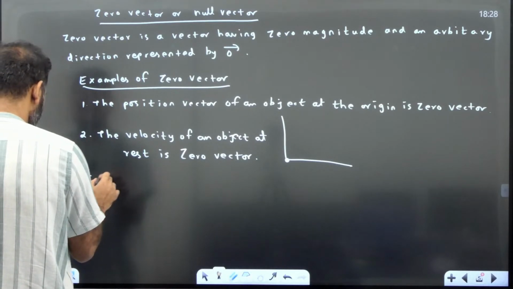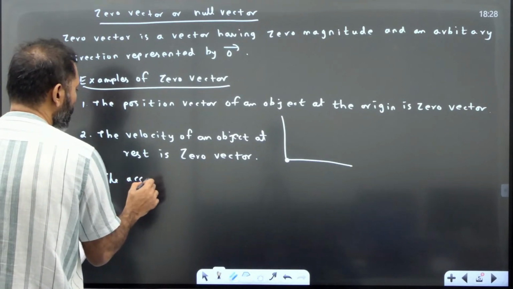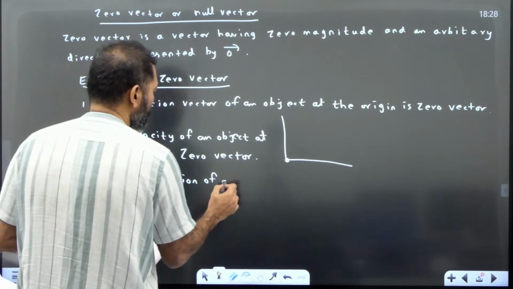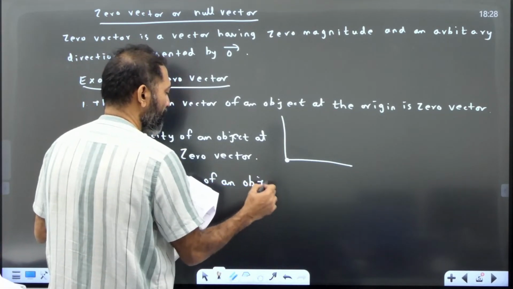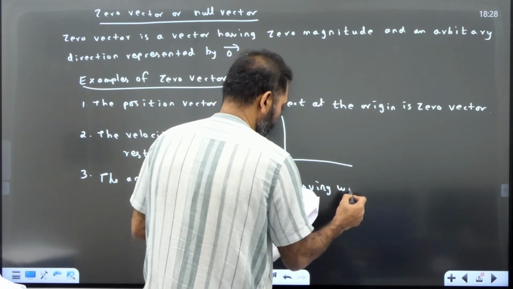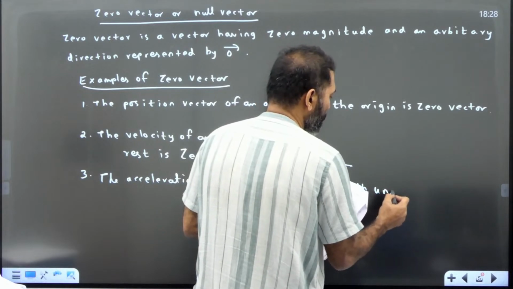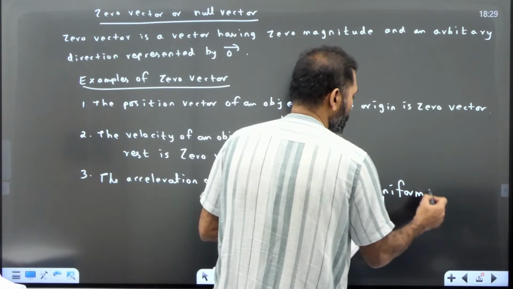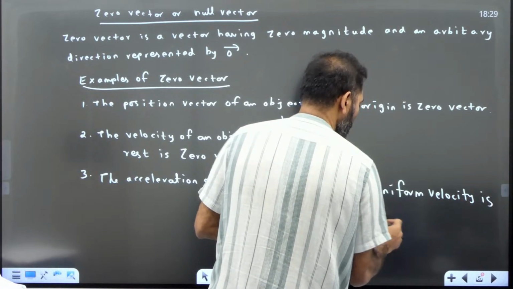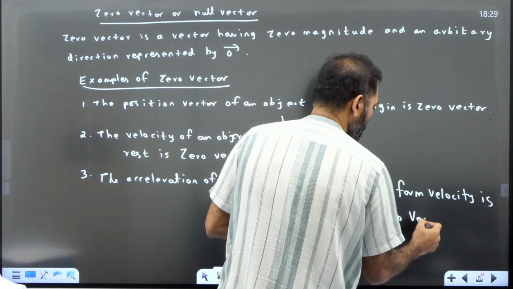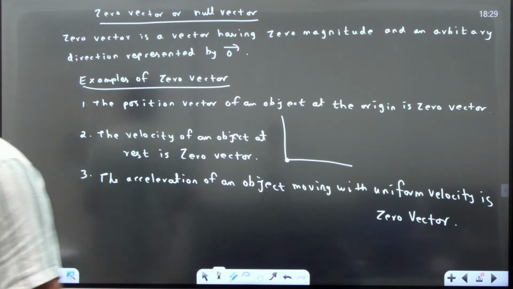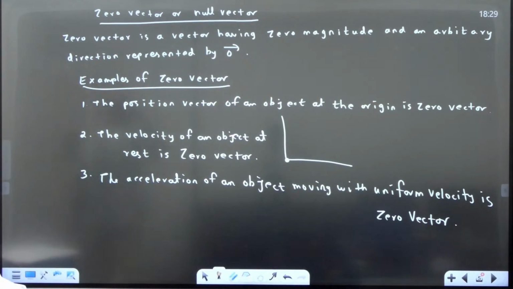Third one, the acceleration of an object moving with the uniform velocity is zero vector. Uniform velocity is zero vector. If a body moves with the uniform velocity, its acceleration will be what? Zero vector or null vector.